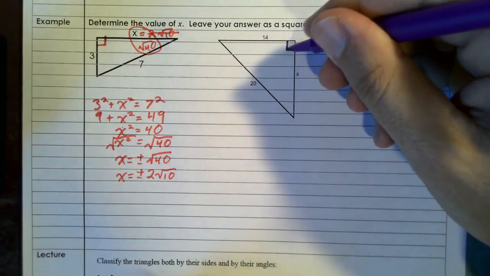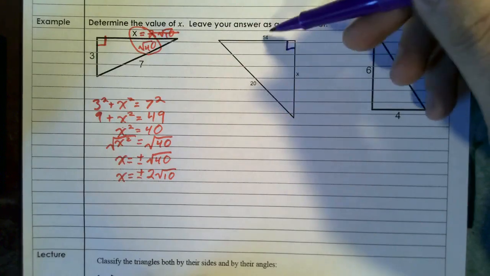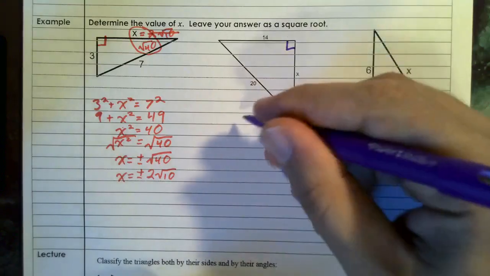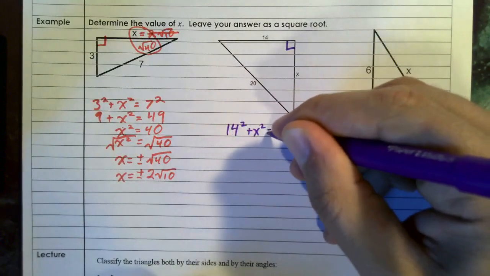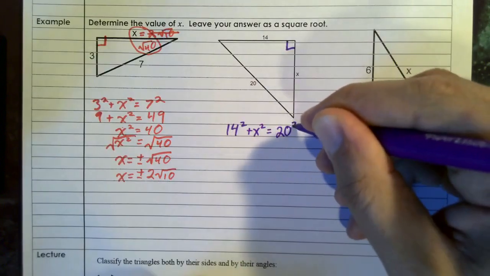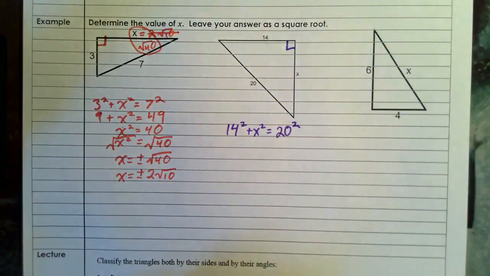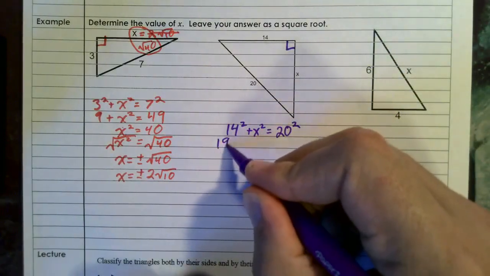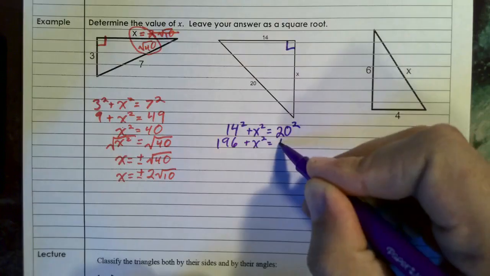Next one, I've got my right angle right here. The ones that are touching that right angle are 14 and x. So I've got 14 squared plus x squared is going to equal 20 squared. 14 squared is 196 plus x squared equals 400.